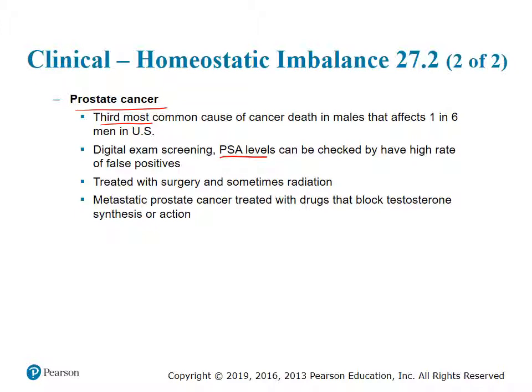When that level gets higher, then it can be an indicator of prostate cancer, right? And again, the preventative types of observations are really important, especially in men, right?